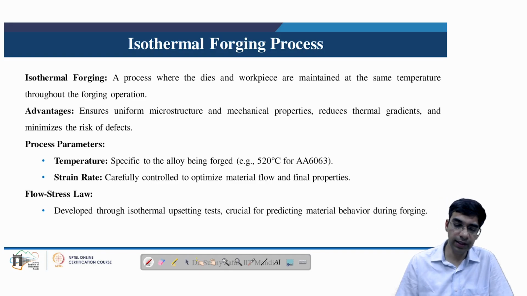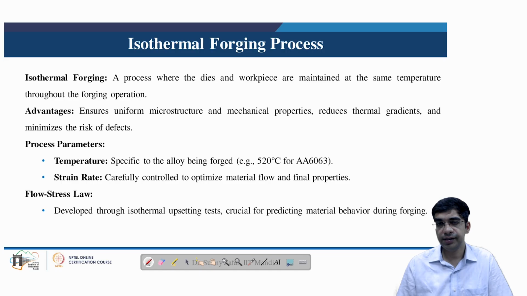So the flow stress law involves how much stress is induced upon applying the required compressive load, and whether that stress is sufficient for the material to flow into the die cavities and take the shape of the die cavity.